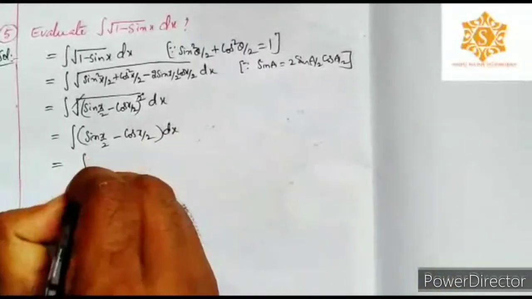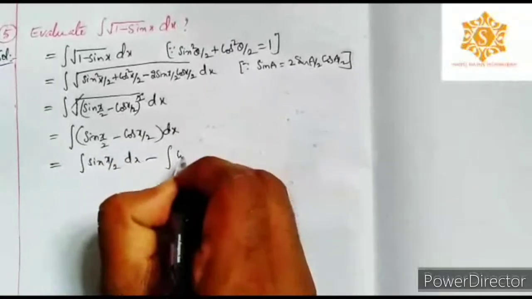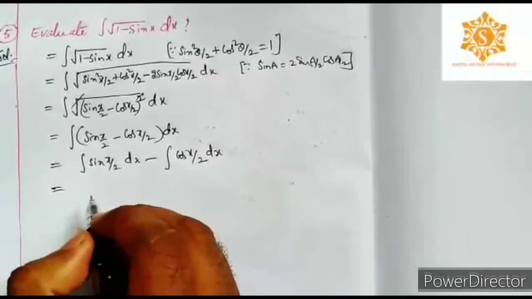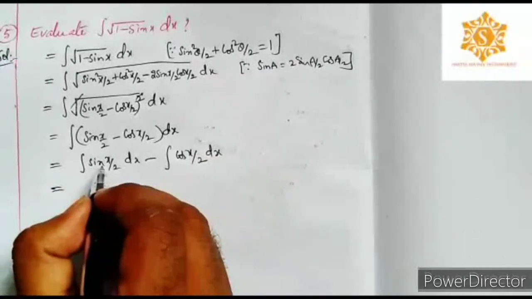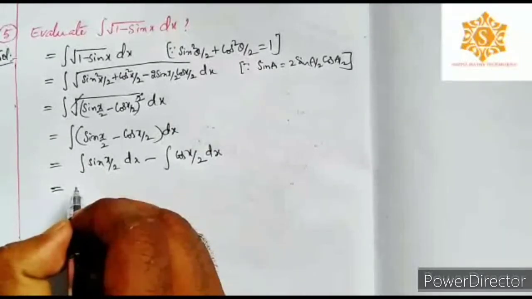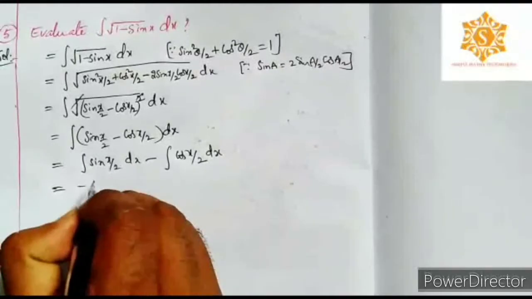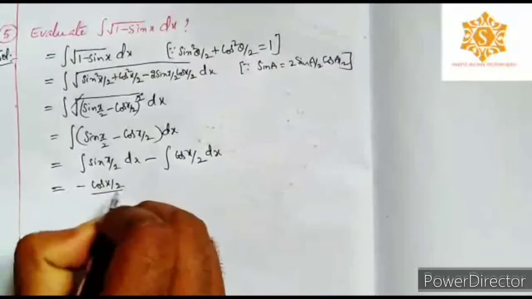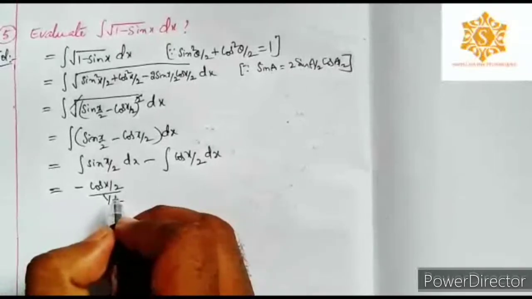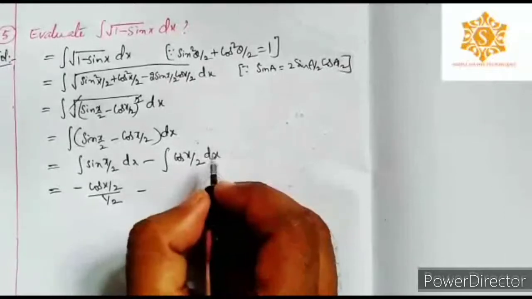Separate the integration of sin x by 2 dx minus integration of cos x by 2 dx, that equals integration of sin x dx value is minus cos x, but integration of sin x by 2 dx value is minus cos x by 2 by, here x coefficient is 1 by 2, now write 1 by 2 in the denominator, minus integration of cos x by 2 dx.